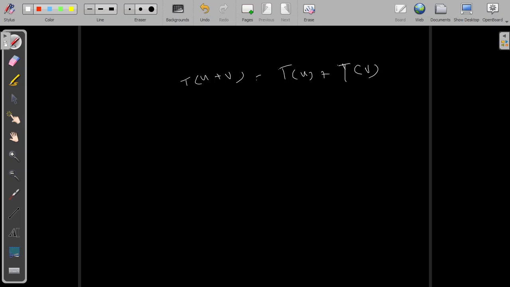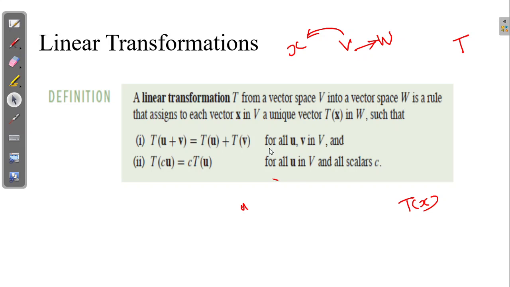This is the additivity property, and we have the homogeneity property: T of c times u equals c times T of u. This holds for all u and v in V, and here also for all u in V. That means u and v are vectors in vector space V.